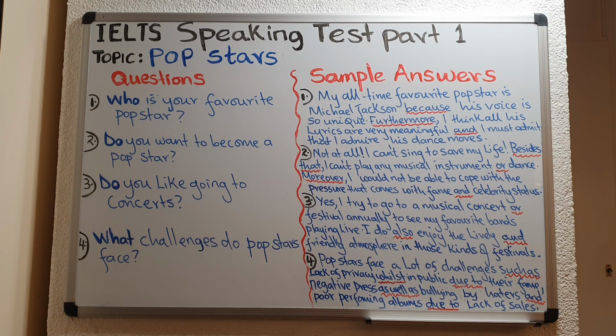And I pointed out that I can't cope with. Remember, that's a phrasal verb that means you can't deal with. I can't deal with the pressure that comes with fame, okay, and celebrity status.